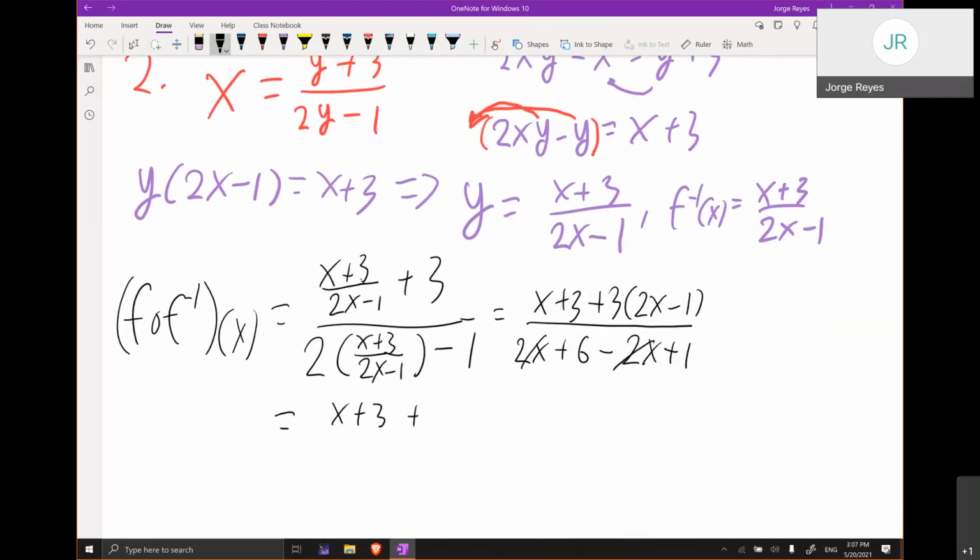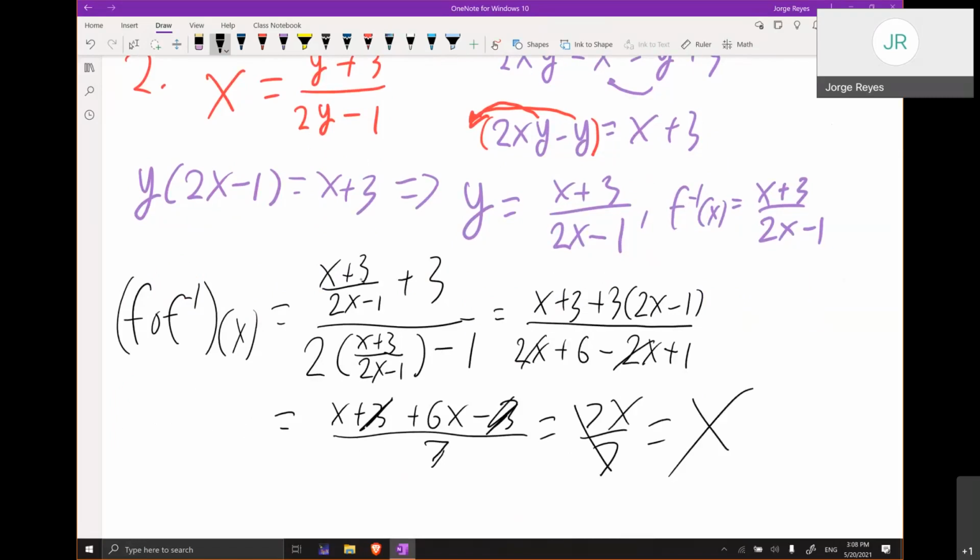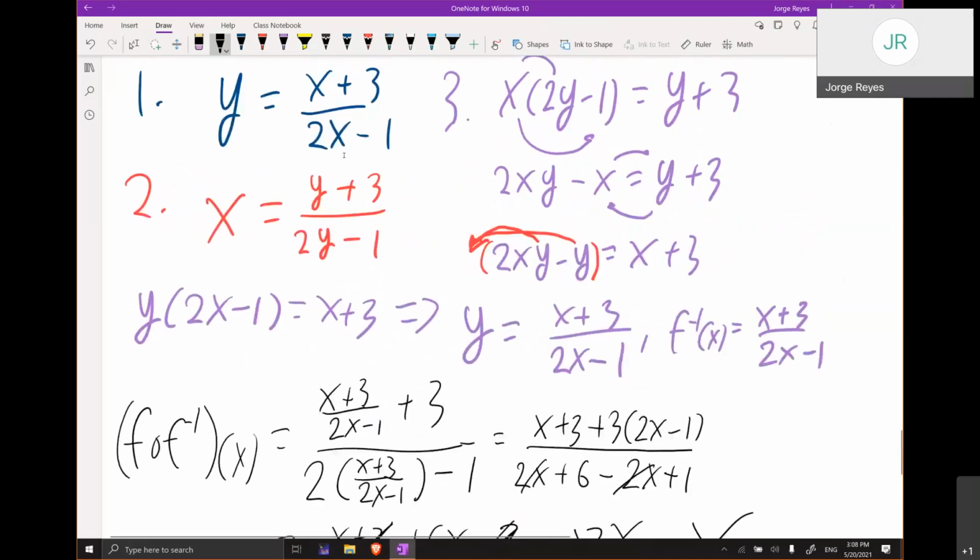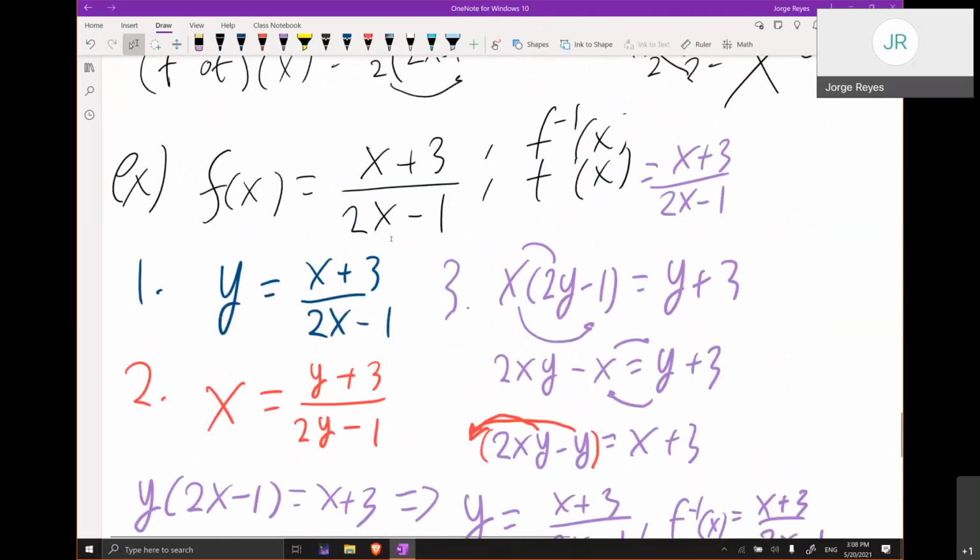So I'm going to get 6x minus 3. Oh, and the magic is happening. Right. The 3's cancel, and the 6 and the 1 add, so 7x over 7 cancel. Ta-da! It works. Okay, so this function really is its own inverse, which is interesting.